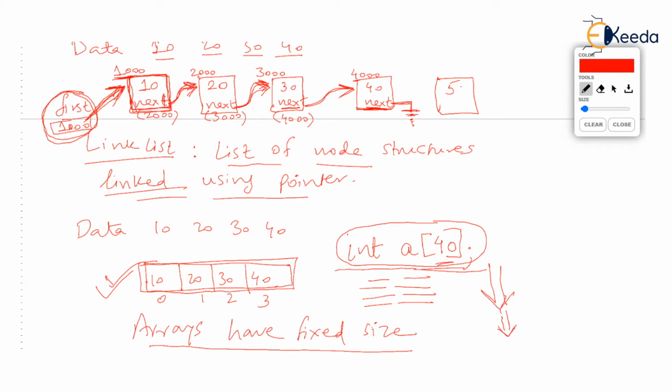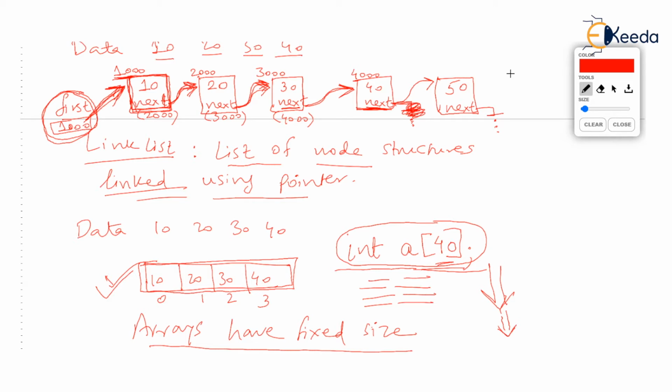Let's store the data as 50 and the pointer called next. Now this 50 is going to have next as null because this 50 is going to become the last node. But 40's next, which was null, will no more be null, but it will point to the newly created node, which is 50. So easily we have added a new node.